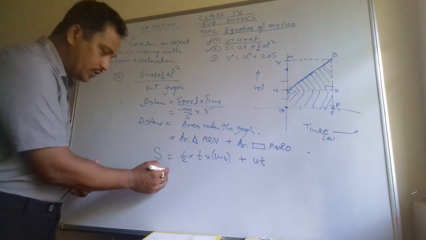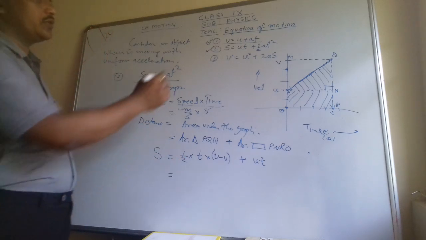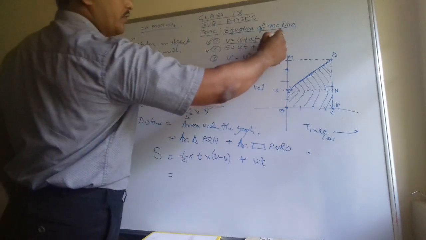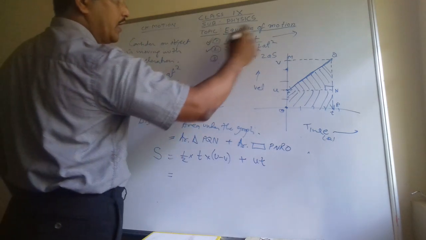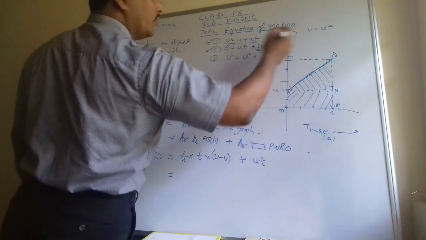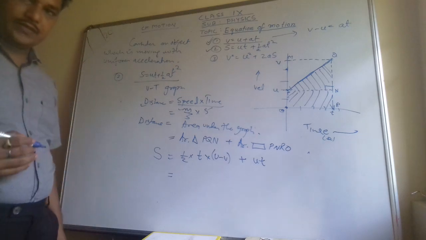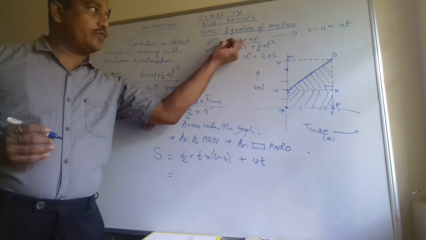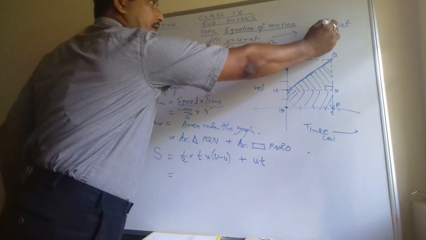So S will be equal to half T. Now from the first equation, which we derived earlier, can we write V minus U is equal to AT, isn't it?